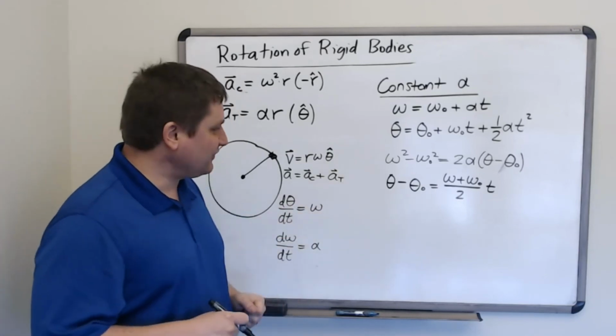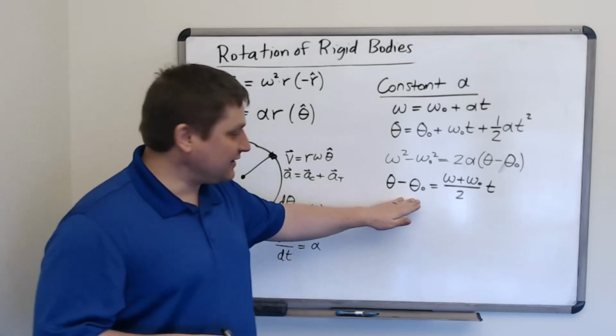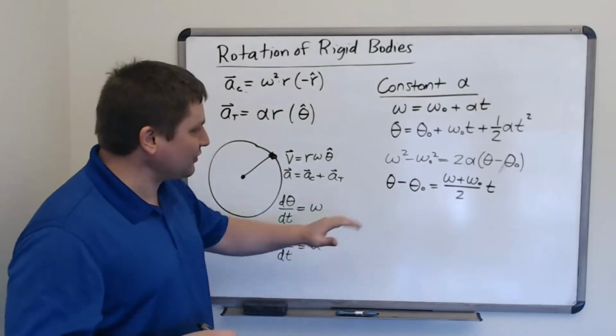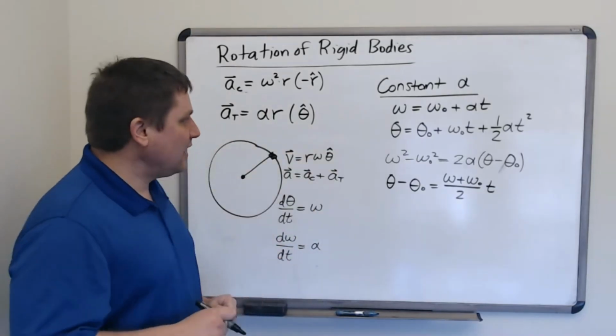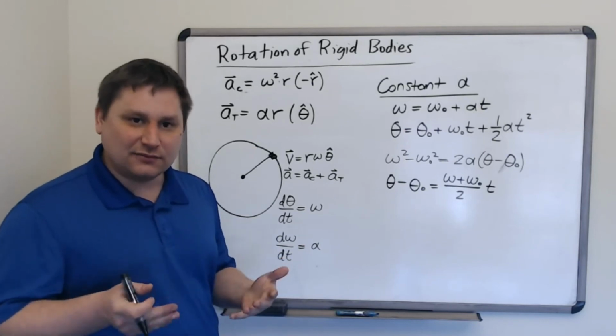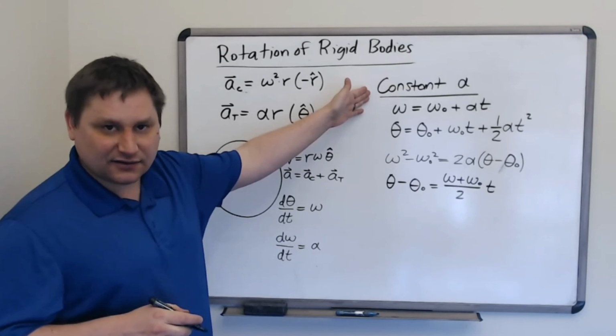So this is really just showing us change in angle is equal to average angular velocity multiplied by time. We can prove that from these two up here. So these are four equations that we can use then for rotational motions that happen under the assumption of constant angular acceleration.